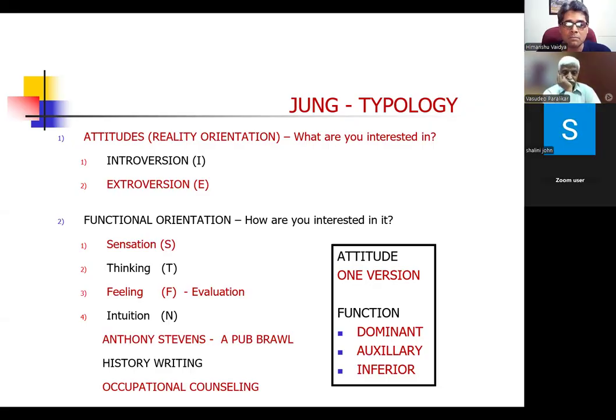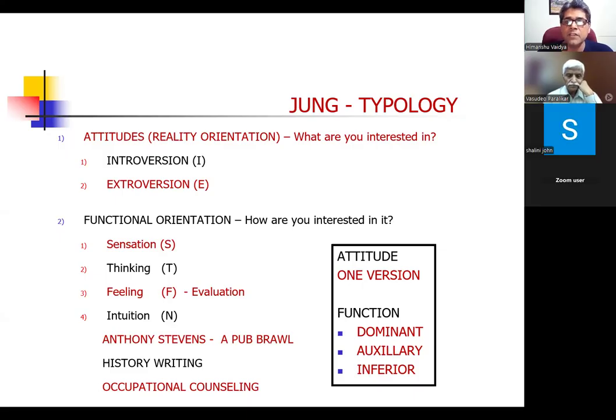Now, when we talk about the subjectivity of the writer, the subjectivity of the historian, or subjectivity of anyone working in the area of social sciences, the type of the person will come in. There is no way in the Jungian framework somebody can be free from the type that he is. And therefore, all his responses will have a stamp of the type. And if we know what type we are, we can overcome some biases or limitations that our type brings to us.